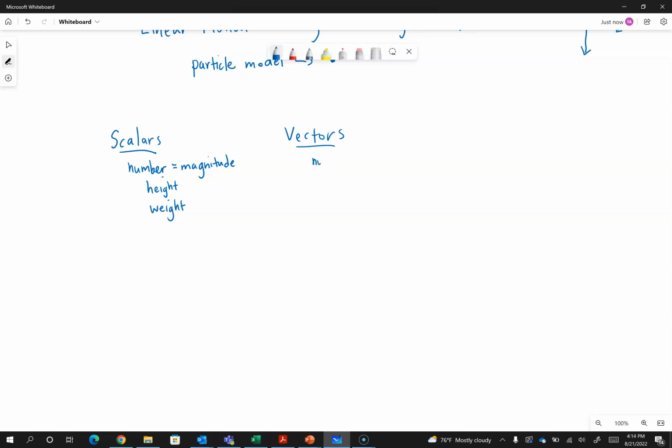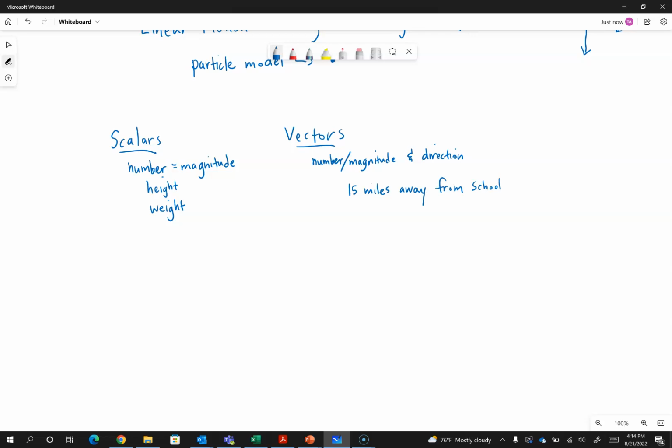Vectors require a number, which we do call a magnitude, but they also require a direction. For example, let's say I lived 15 miles from school, and again, school being in downtown Salt Lake, or I guess Redwood is where my campus is.